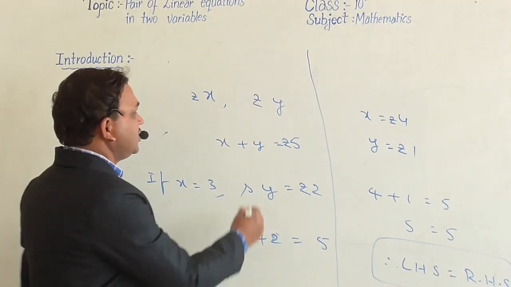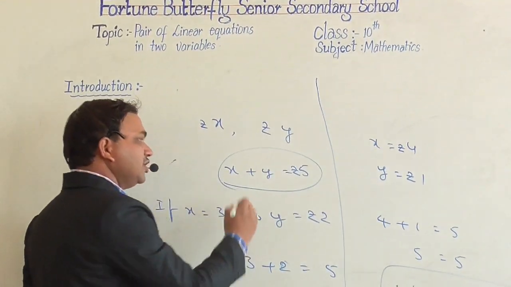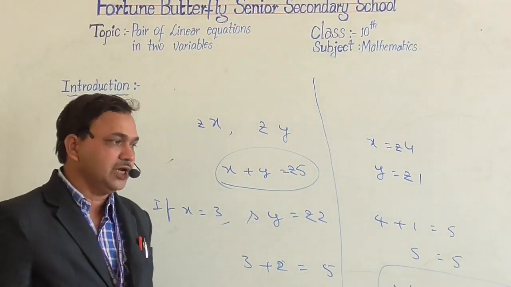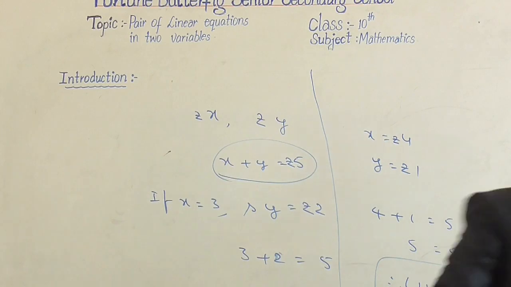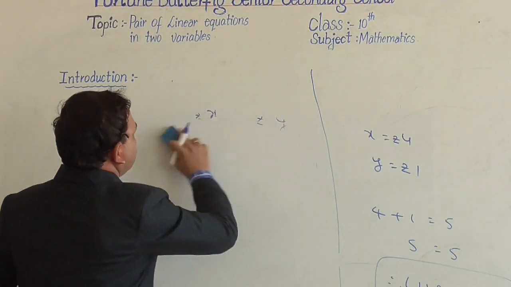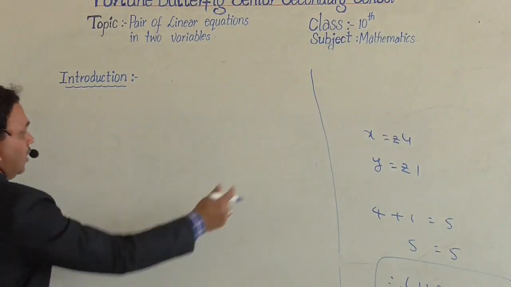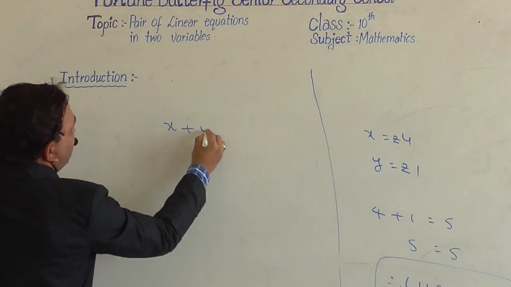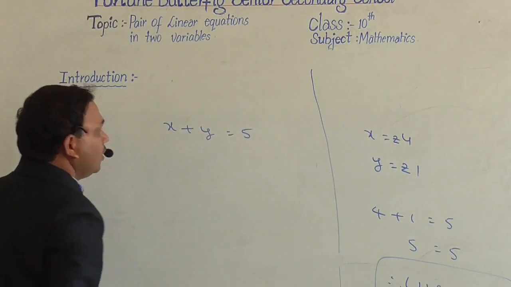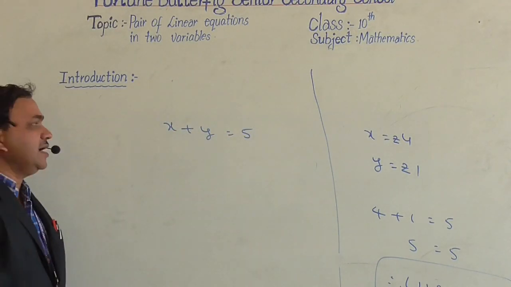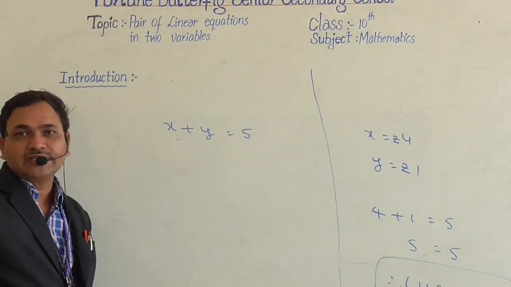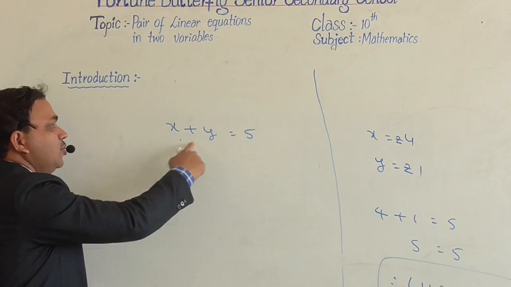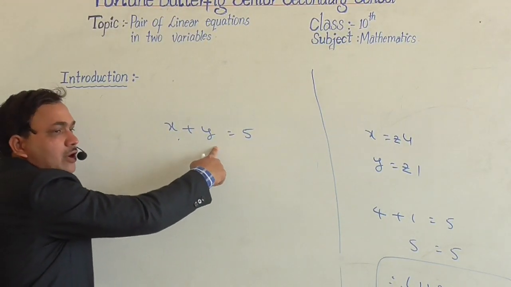Why is this considered a linear equation? Because in x plus y is equal to 5, if you observe the left hand side, there are two variables, one is the x variable and another is the y variable.